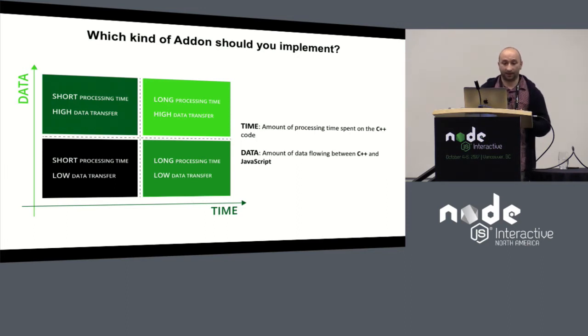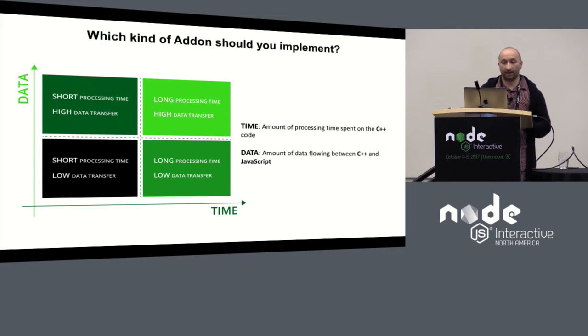If you are transferring a big quantity of data from C++ to JavaScript and vice versa, you kill all the performance benefit obtained using C++, copying the data. So here the right solution is to use Buffer.